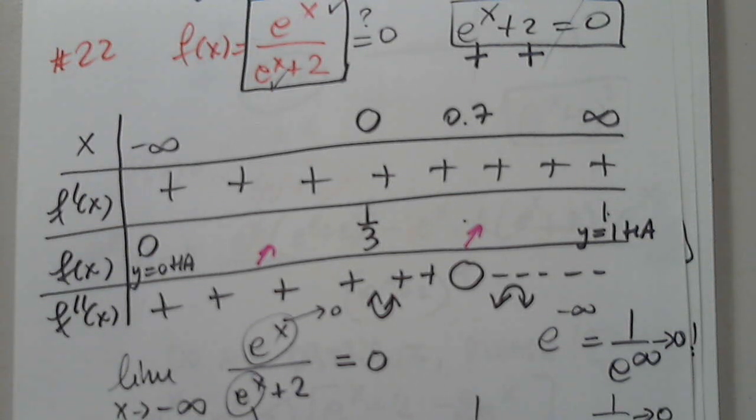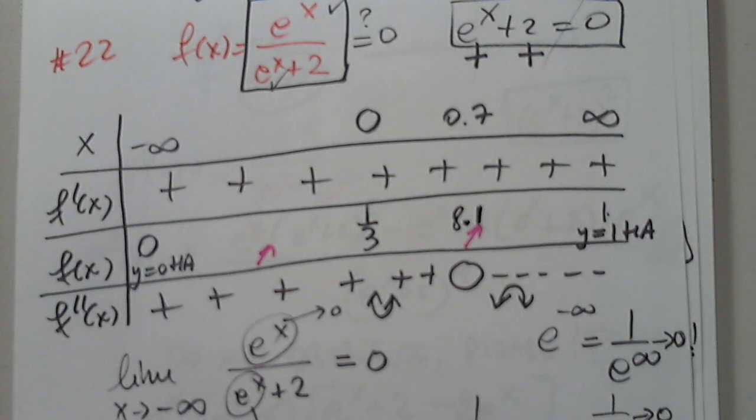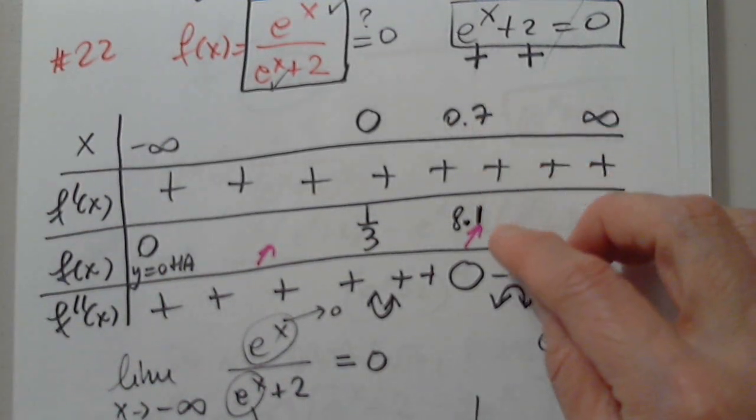And I only need one number. The number is for 0.7. 8.1 approximately. Perfect. Since there are no max or min, but I did find 0.7 comma 8.1.